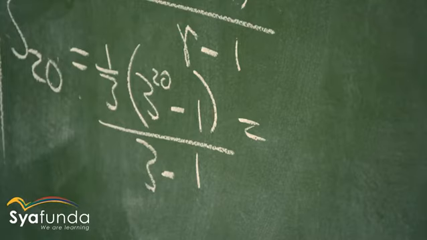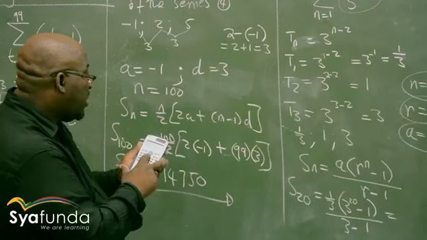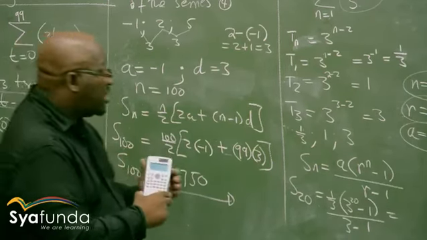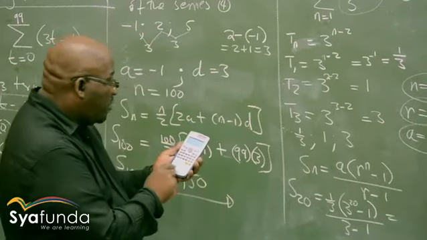I've got a 3. This 3, you press the x to the power button, which will be power 20. You bring it down. It's minus 1. You close that bracket. Right, that's what we have. Then my denominator is 3 minus 1, which will give me 2.